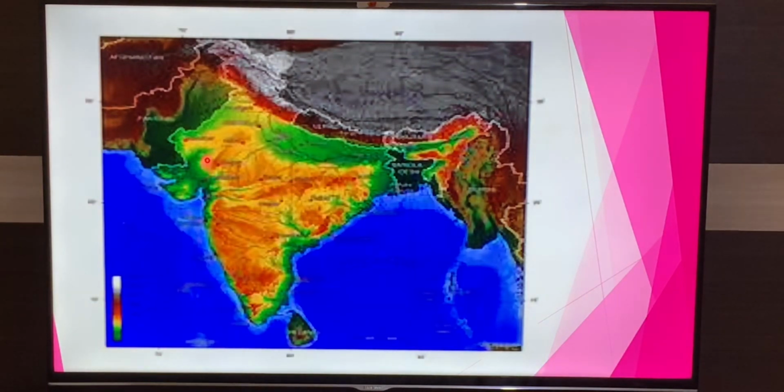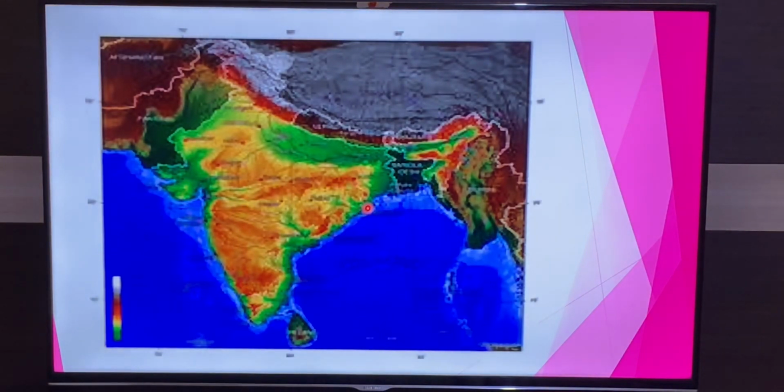The next one, the yellow color, yellow and brown color shade that you see here, is the Peninsula Plateau. And the last one is coastal plain and islands.